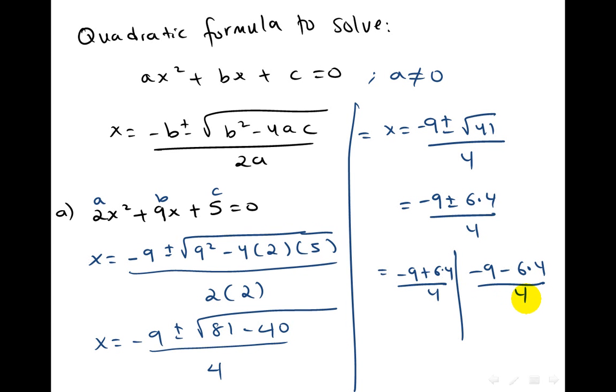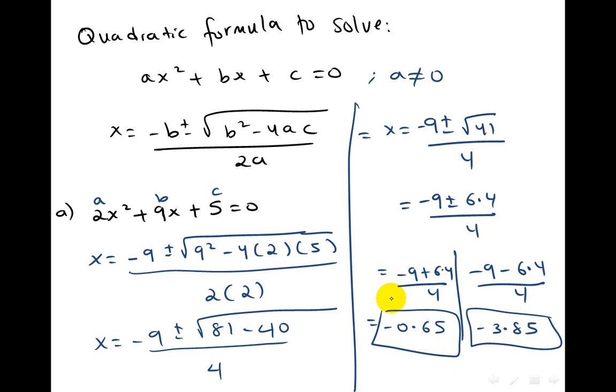We will use our calculator. Negative 0.65. Negative 3.85. So these two are the values for x using this quadratic formula.